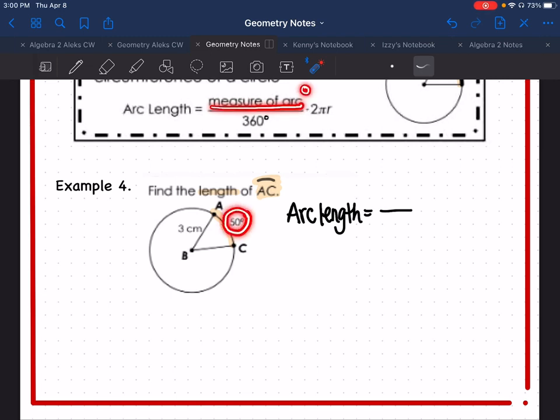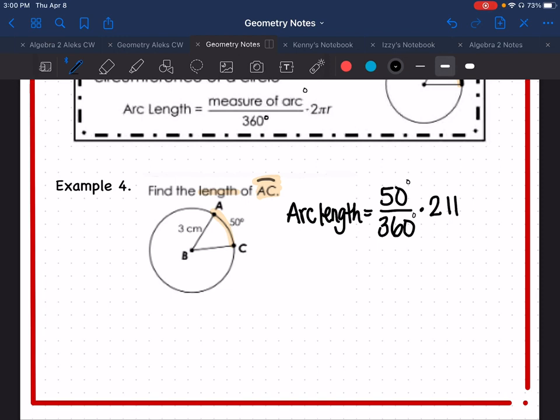So that would be the 50 right here, and I'm going to put my degrees. And then in the denominator, I always put 360 because I'm comparing it to the whole circle. And then I'm simply going to multiply by 2 pi, and my radius, let me go find my radius. There's my radius right there, 3 centimeters.